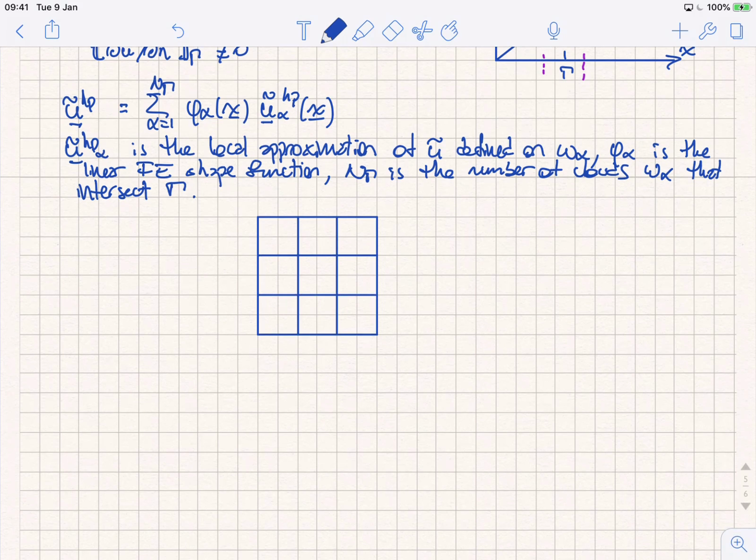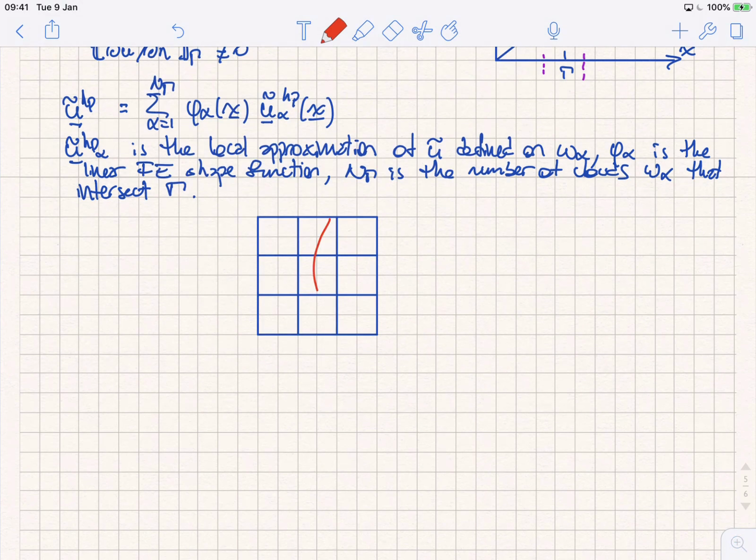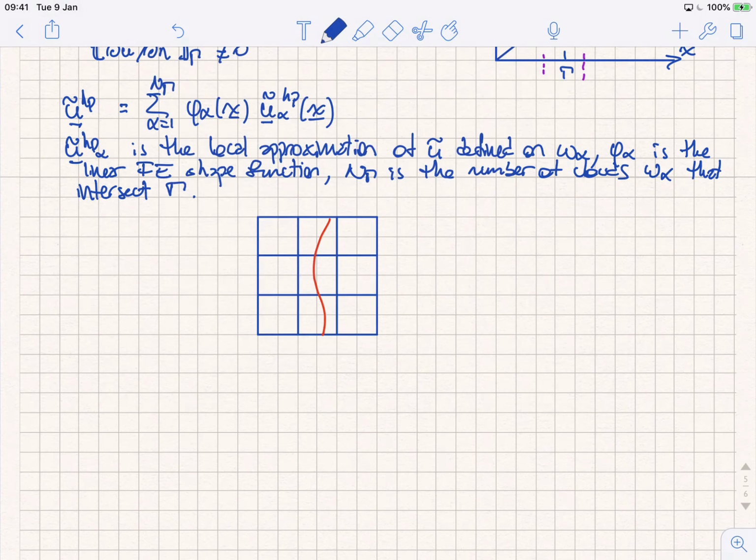We are talking about quadrangular elements, and say I have a discontinuity that runs through those elements. So I want to say, well, there is a material interface there, so on this side of the interface I have one Young modulus. On this side, I'm going to have another one.